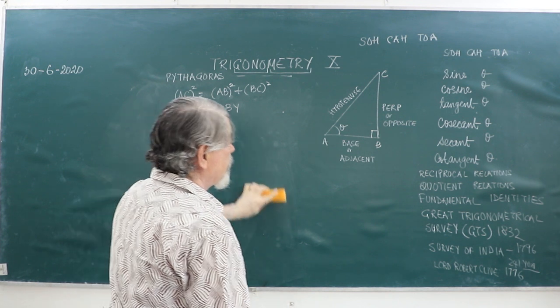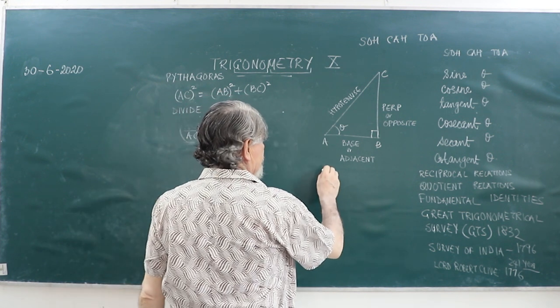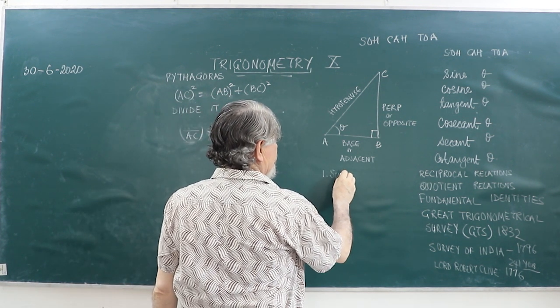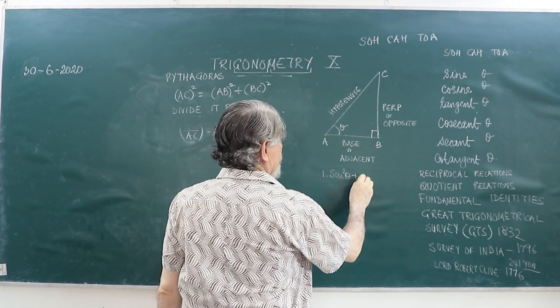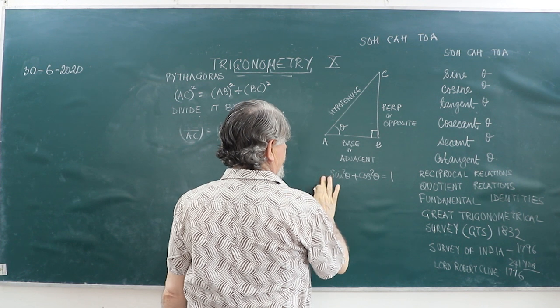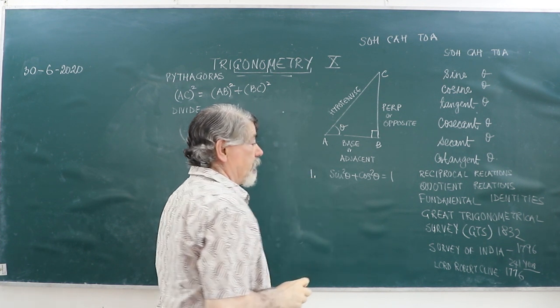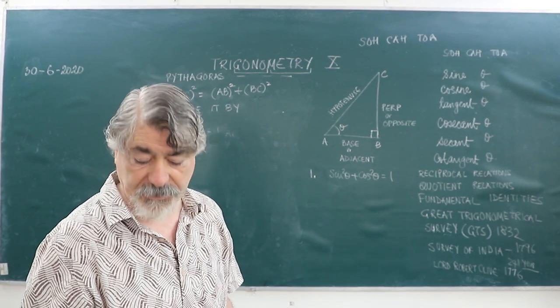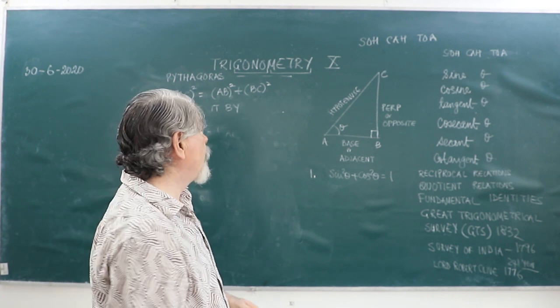So we calculated one of the identities as sin square theta plus cos square theta is equal to 1. First identity is sin square theta plus cos square theta is 1.